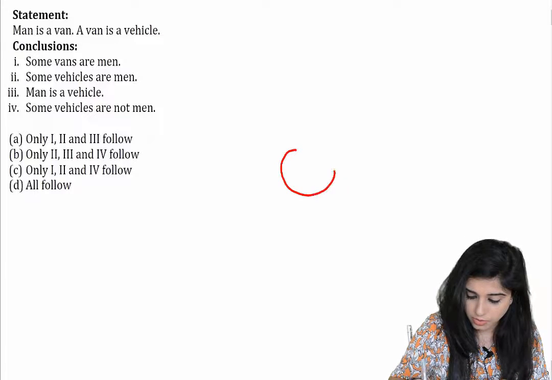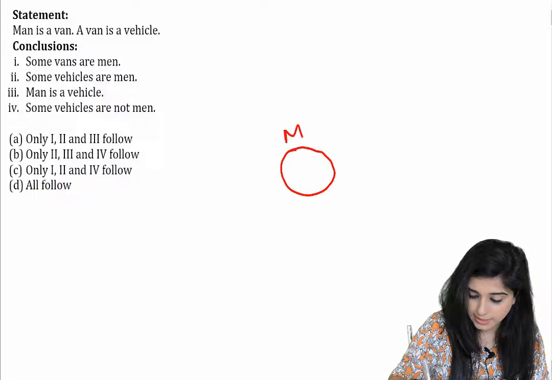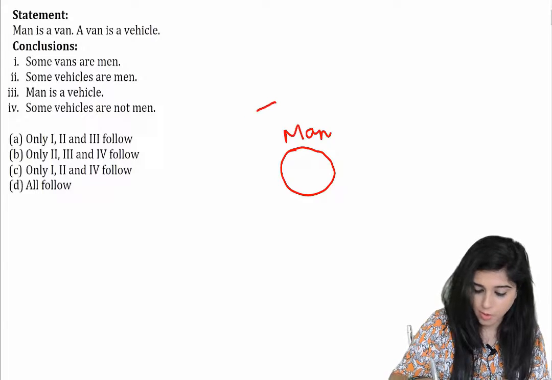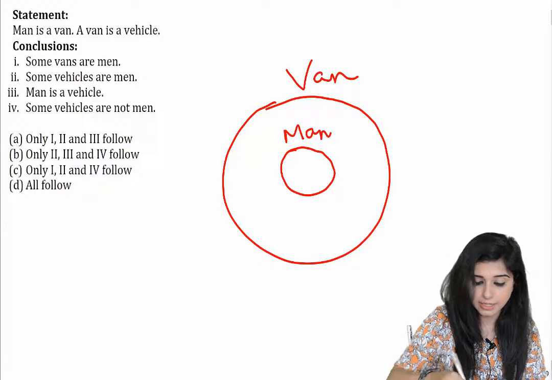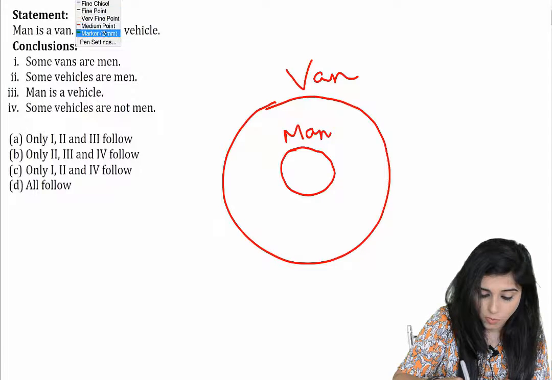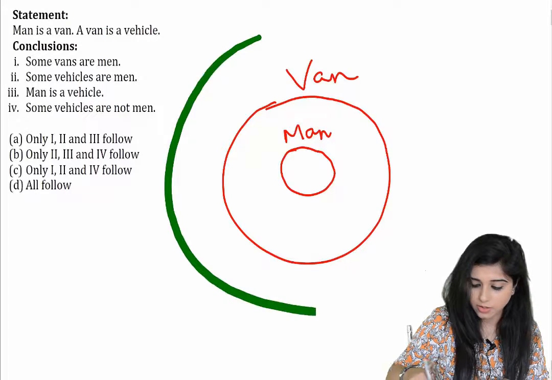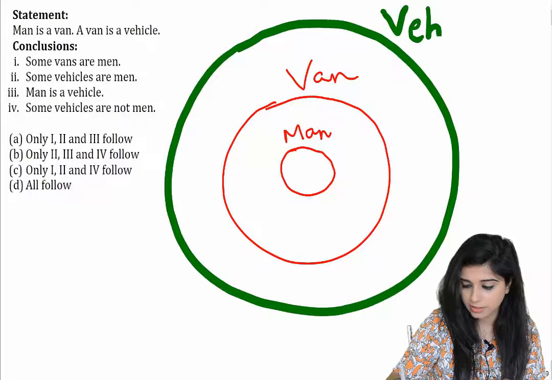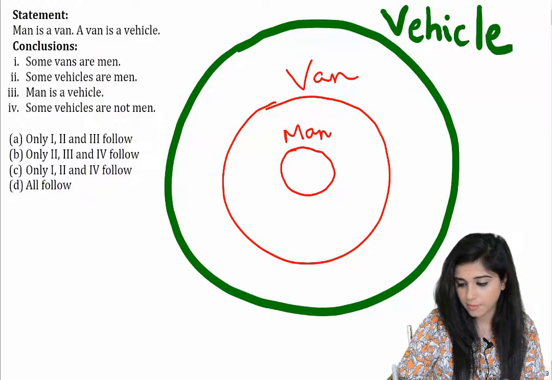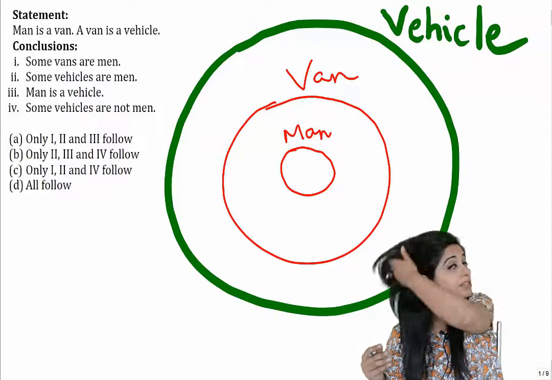Yeah, this is man, all man is a van, and it says van is a vehicle, right? Perfect.